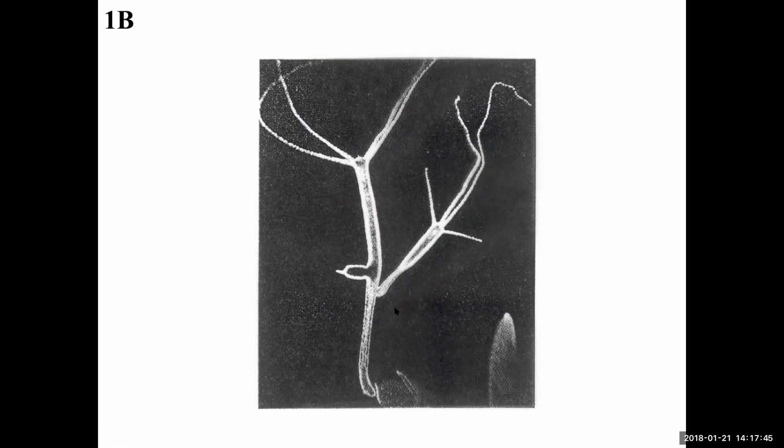A foot forms at the base. You can see the foot forming here at the base. And after all the specialized cells and tissues have developed, the young hydra will break away and settle in a new location and lead a separate life. This is also called vegetative reproduction.